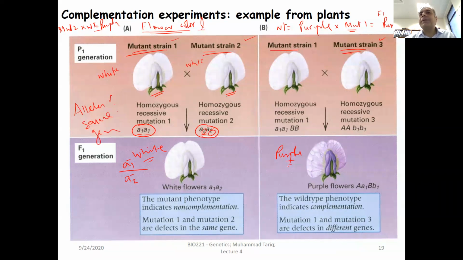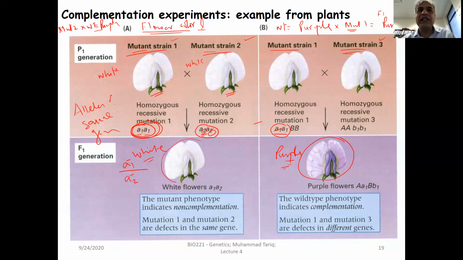Now, if you get purple, you put phenotypes and you will say, okay, I know the A1 genotype from here, A1, A1, but mutant 1 and mutant 2, they don't complement each other. Sorry, mutant 1 and mutant 3 complement each other.